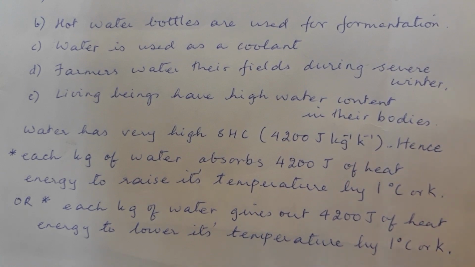I have written this phrase over here, so we'll have to keep repeating this phrase in each give reason. So it takes a large amount of heat to raise its temperature by 1 degree C.